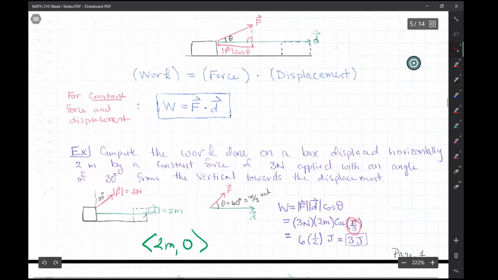Well, why don't you just decrease that angle? In fact, the more you decrease it towards 0, the better. Because cosine of 0 is just 1, and you could give a maximum of 6 joules to the kinetic energy.